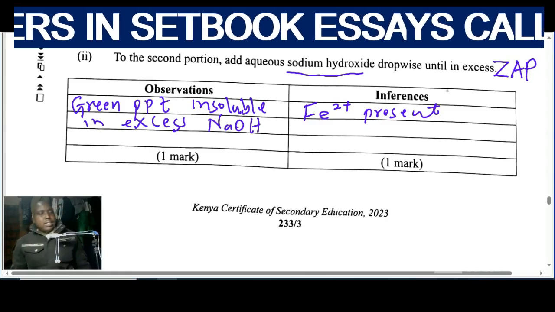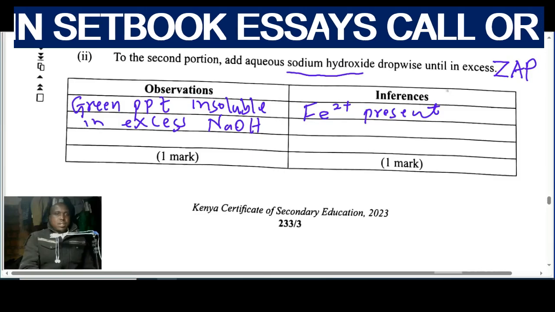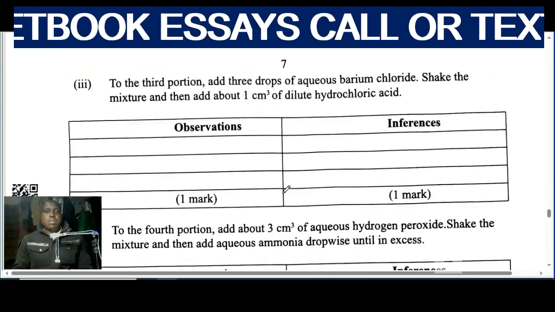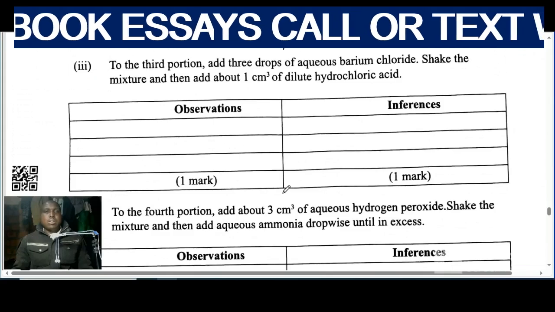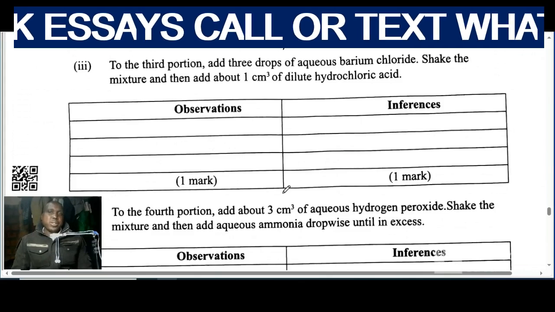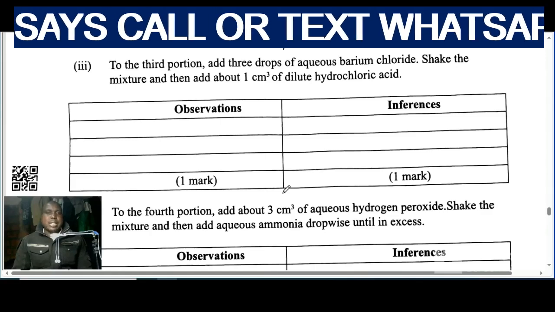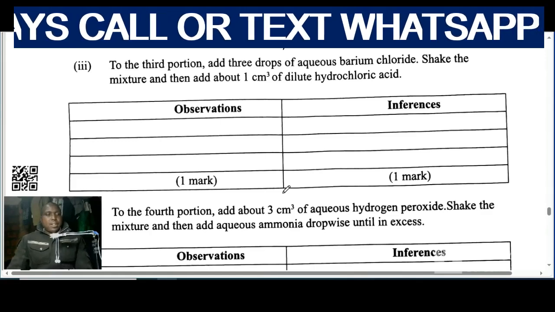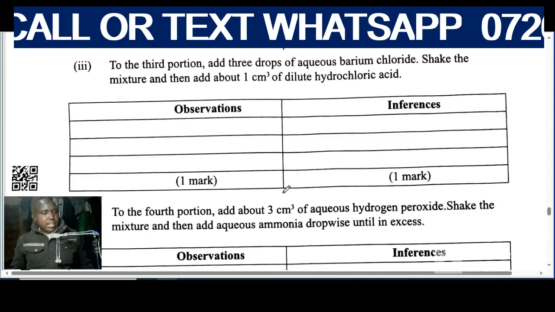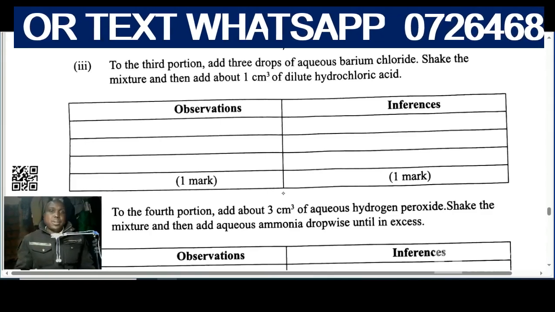To the third portion, add 3 drops of aqueous barium chloride, shake the mixture, and add 1 centimeter of dilute hydrochloric acid. A white precipitate is formed, which does not dissolve in HCl.